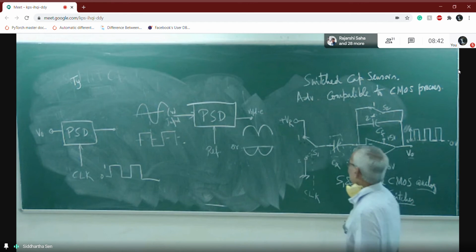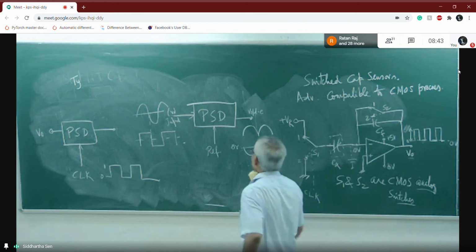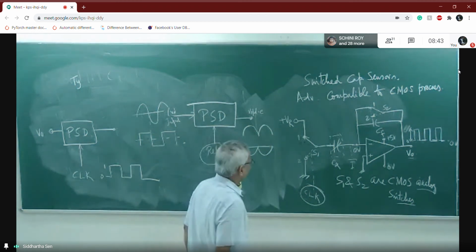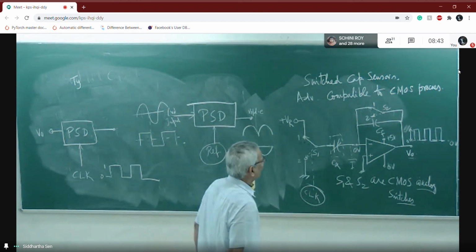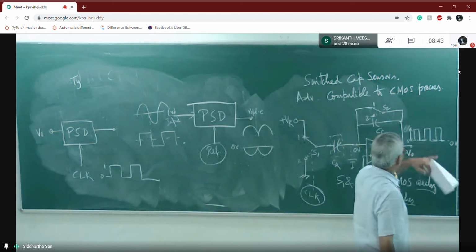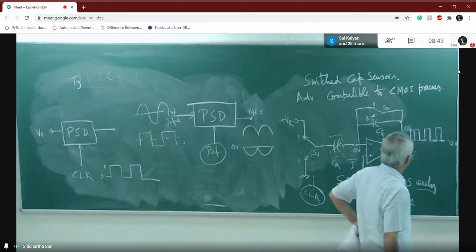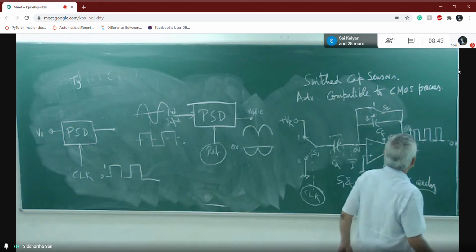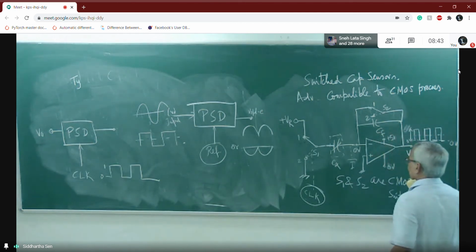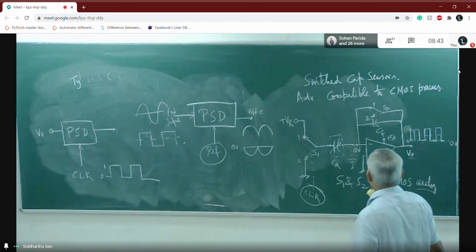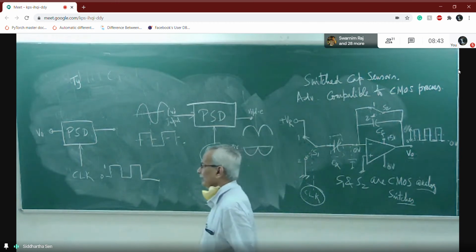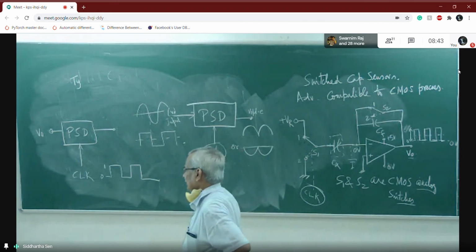What I wanted to say is that here the reference we can pass to the clock itself. And the second thing is that in this CMOS process the output will be between 0 and 5 volt, only the phase will vary. If it is a 5 volt supply, we put some sort of 2.5 volt bias in this. What you rightly pointed out is that things are a little more complicated than they look.